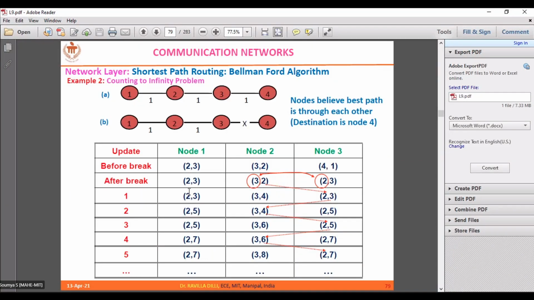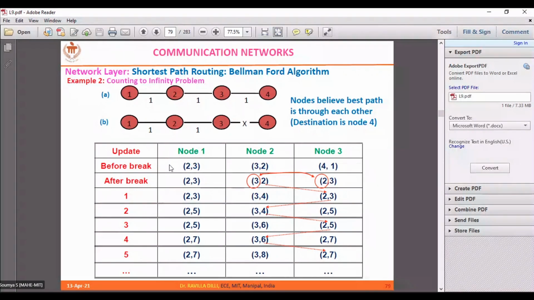Now look at this, another example. You can just see this is another count to infinity problem, again with 1, 2, 3 and 4. The same, let us say. Now here we've got only 4 nodes. Right? So we have node 1, 2, 3 and 4, and again the distance of each link is just 1. So now what happens before there is any break or anything like that? What would the values in the routing table be?